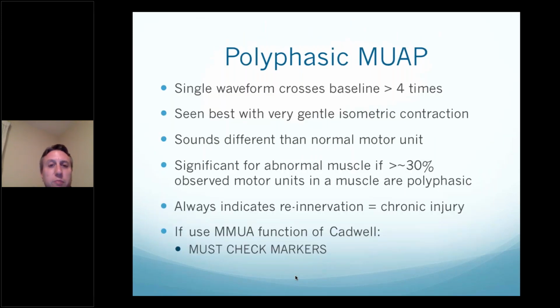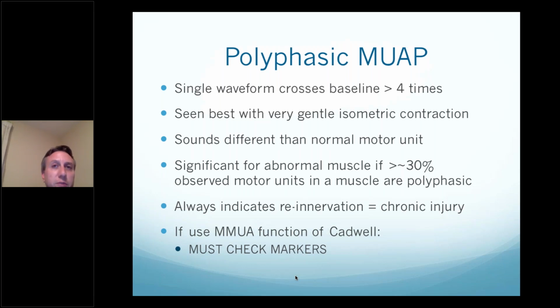So polyphasic is when a single waveform crosses the baseline more than 5 times. And it's seen best with a very gentle isometric contraction. The reason you need a very gentle contraction is because if the person's contracting too hard, what do you think is going to happen? Well, you're going to be recruiting a whole lot more muscle, and it's going to be hard to tell what the waveforms are.